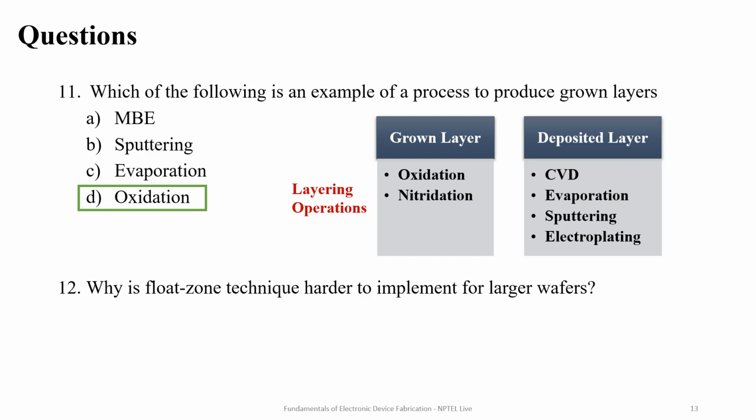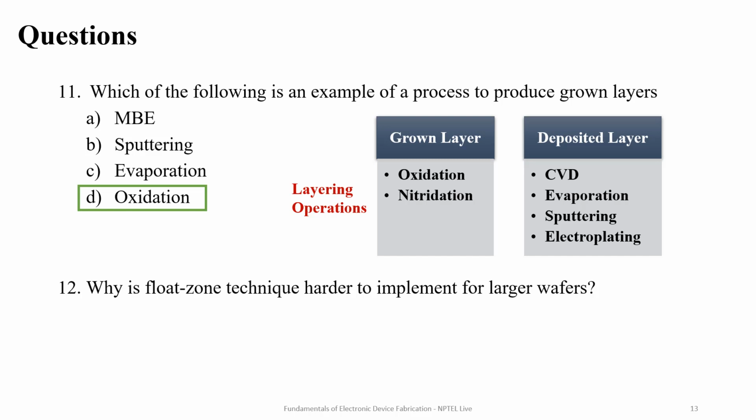Actually, there are two ways in which we can do the layering process on a substrate. One is to produce a grown layer and one is to produce a deposited layer. For a grown layer, we either oxidize the material on top or we do nitridation, such that the new layer grows on the surface of the substrate.